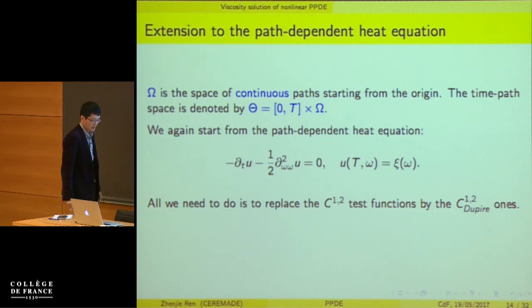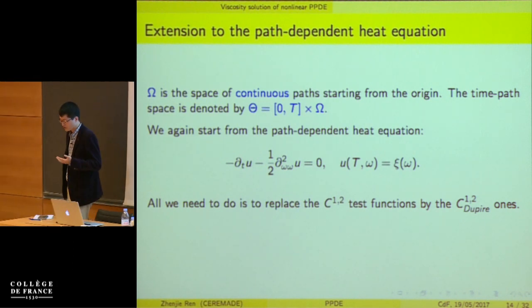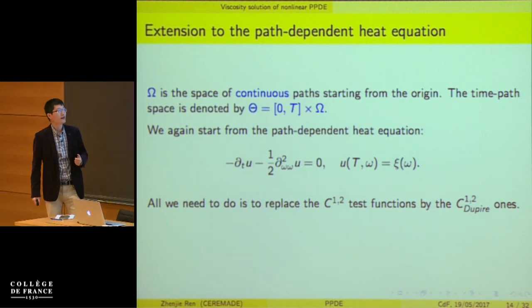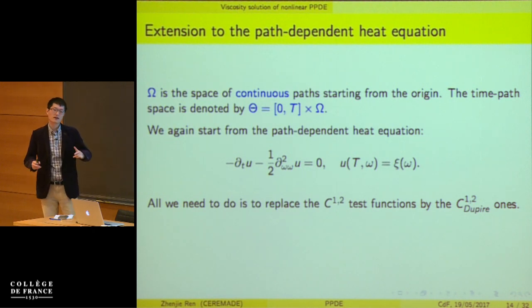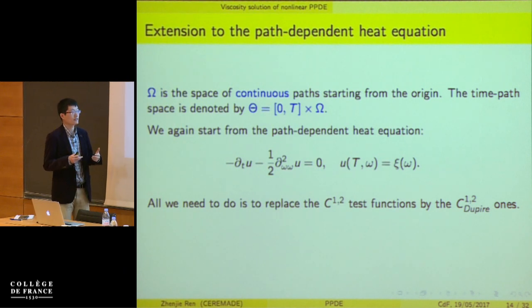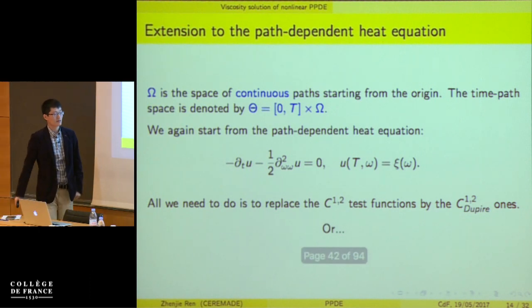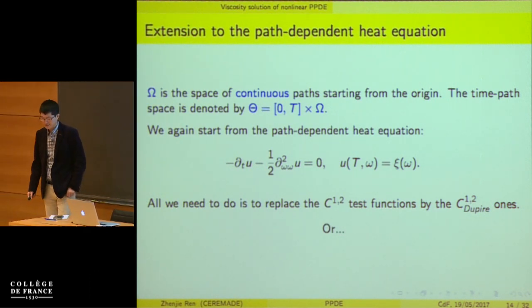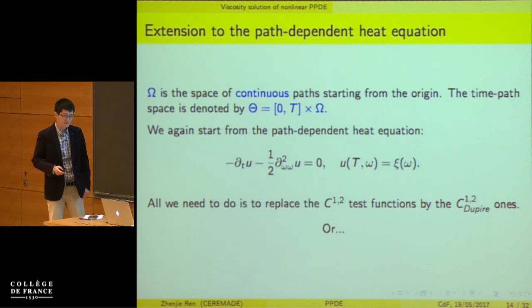In fact, in order to define the viscosity solution to this path-dependent heat equation, we only need to replace the smooth function in the test function family by the new smooth function in the Dupire sense. And in fact, we can do it in an even simpler way.